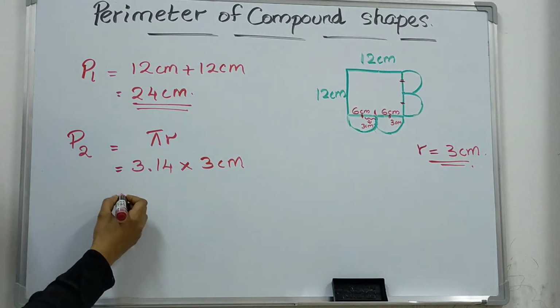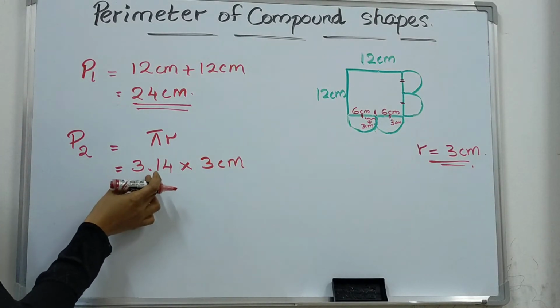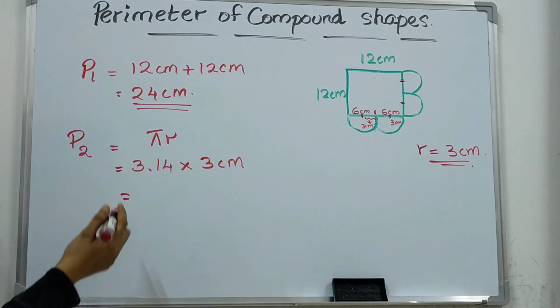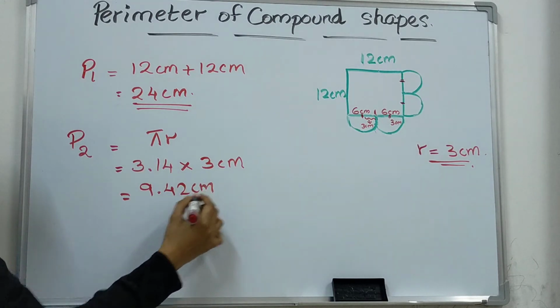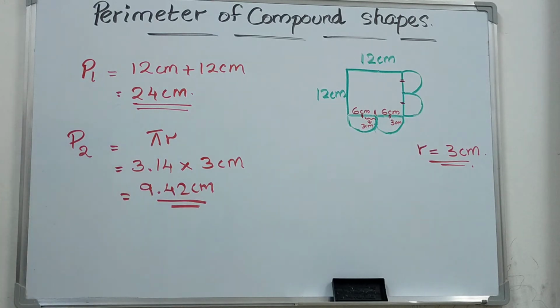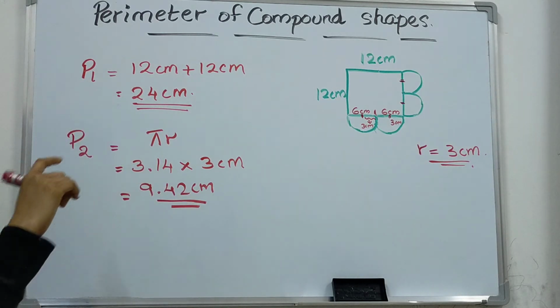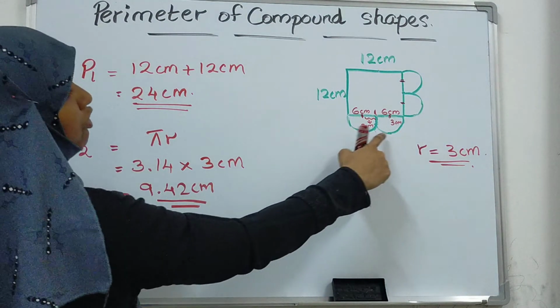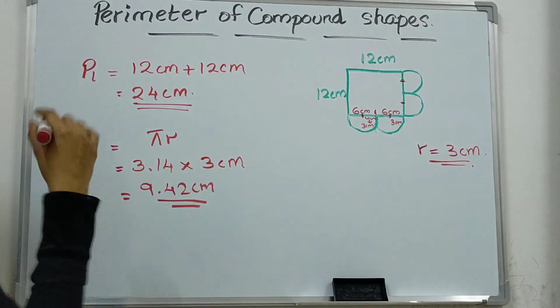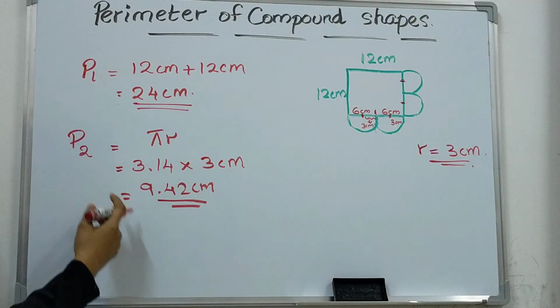So 3.14 times 3, which is 9.42 centimeter. So you have got the perimeter of one semicircle. This is for just one semicircle. Like that you have 4 semicircles. So how do I find it? Why do I have to find separately?